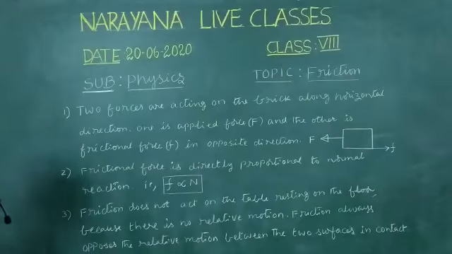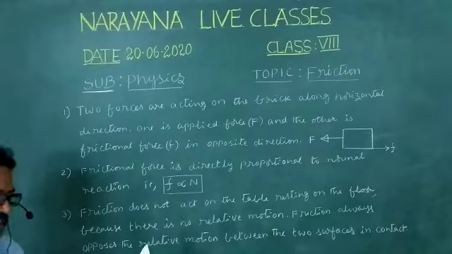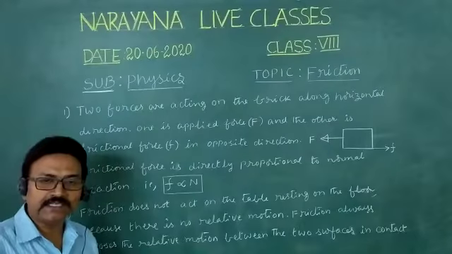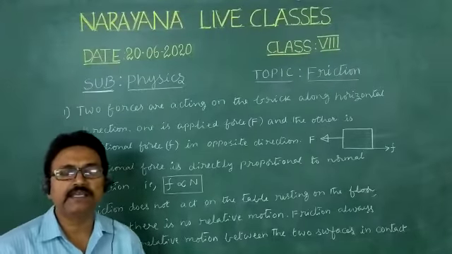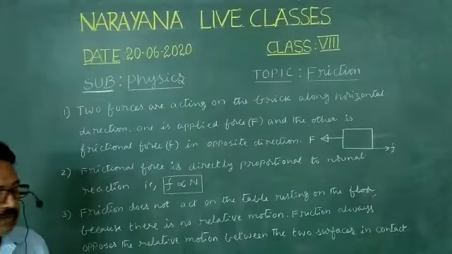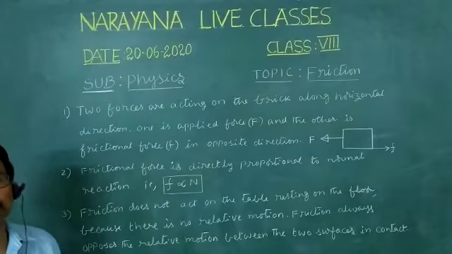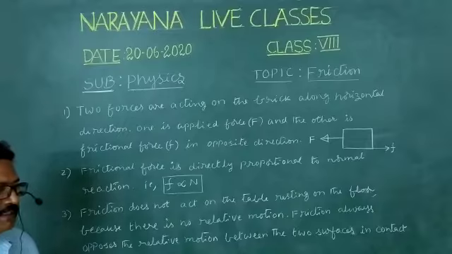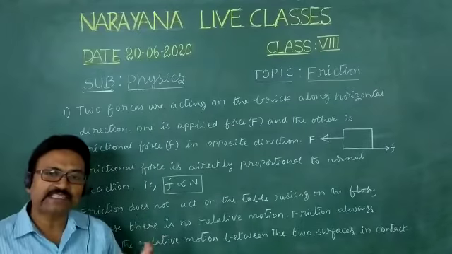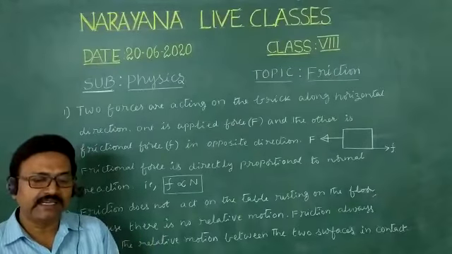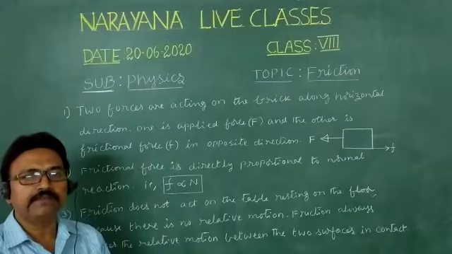Next, third question, does friction act on a table resting on the floor? So there is a table which is lying on the ground. It's not moving. So does the frictional force act on it or not? See, the frictional force acts only when the body tends to move, or if it moves.